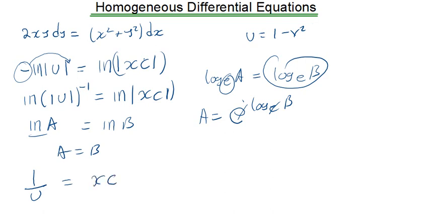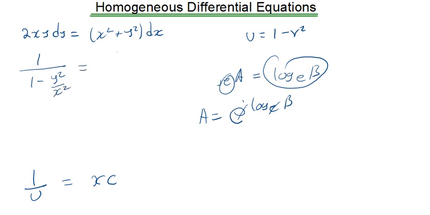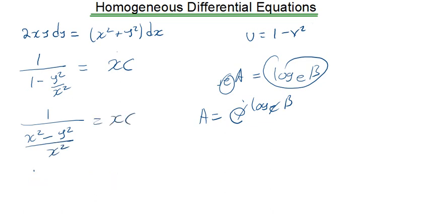So remember, we said our u is equal to 1 minus v, and we know our v is simply y squared over x squared, which is equal to xc. So we can make y the subject of the formula here. That is going to give us x squared minus y squared divided by x squared is equal to xc, like that.